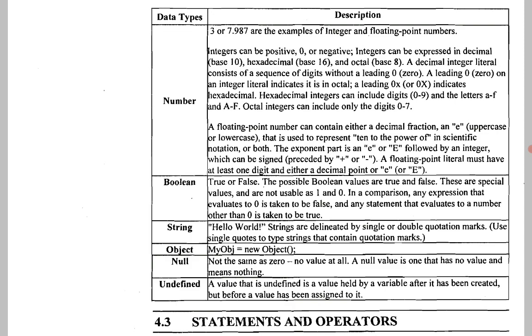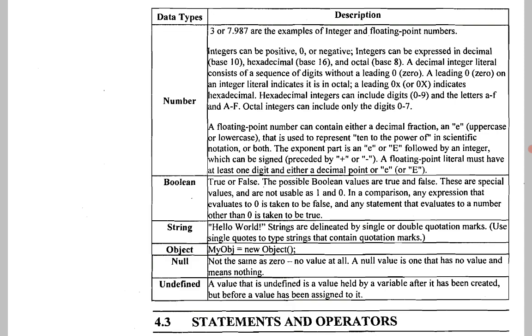Basically, numeric data types are also called number data types. Number data type is of two types, basically: whole numbers or decimal point numbers. Whole numbers are numbers without a decimal fraction or a decimal symbol, and real numbers are floating point numbers.